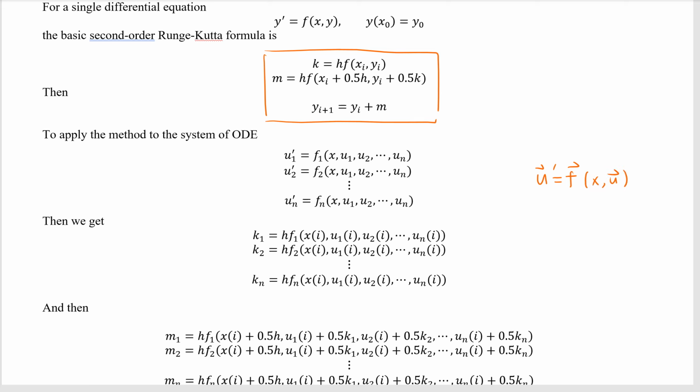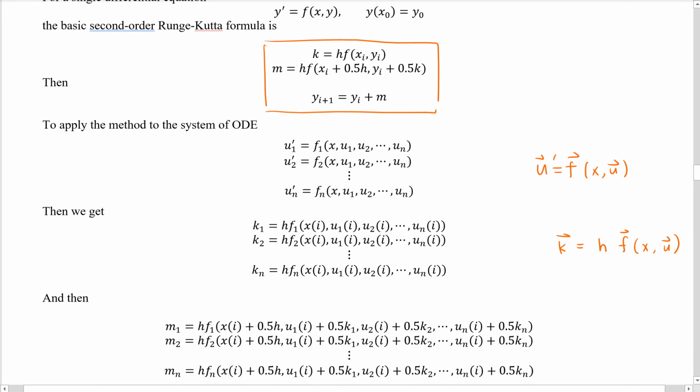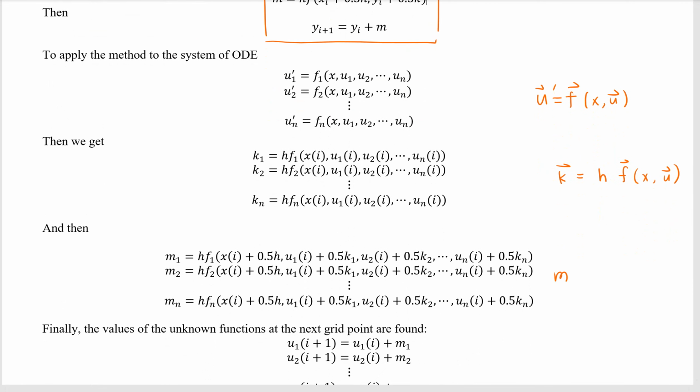And then this tells us k, the vector k, is h times f of x comma u. And this tells us that m, the vector m, equals h times f of x plus 0.5h, comma, here we have u plus 0.5k.